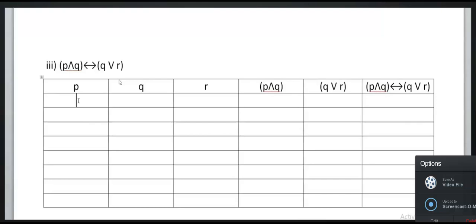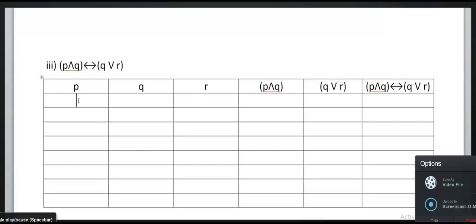That is 2 raised to 3, which means 8. Therefore, for P: 4T, 4F; for Q: double T, double F, double T, double F; and R is T, F, alternating.